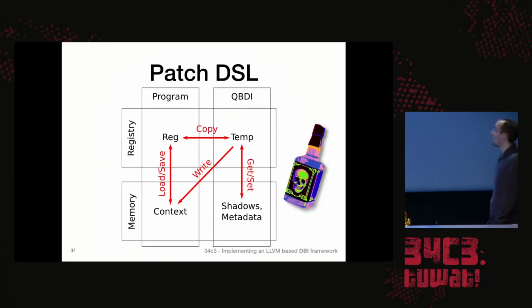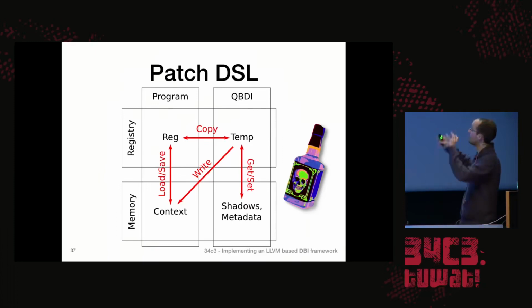And so, yeah, after some headache, we had this schematic. I will not explain everything here, but basically the issue that you have is that you have two worlds. You have the world of the original program and you have the world of the DBI, so one guest, one host, and you have interaction between them.